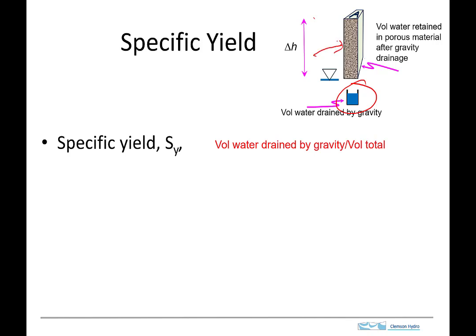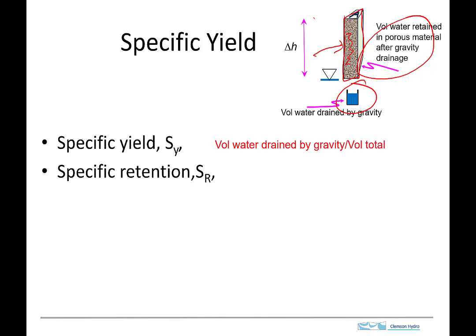That's the definition, and we can also have another definition that uses the ratio of the volume of water that's retained in this porous media to the total volume of the region here, this volume here. Okay, so that's the specific retention.